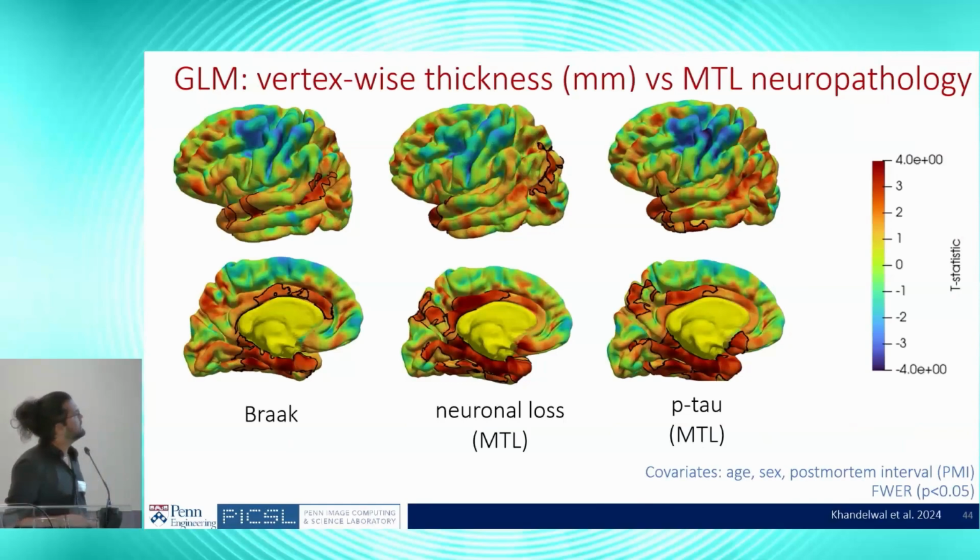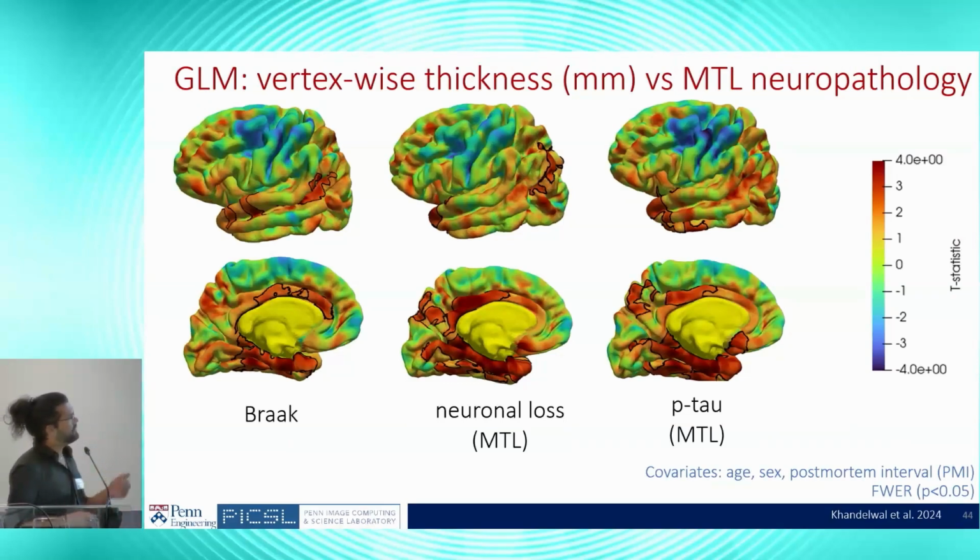Shown here are all the thickness maps mapped into the template space, FS average 40, and now we are doing a generalized linear model, where we fit a GLM between vertex-wise thickness and the corresponding MTL pathology, or the other stages: amyloid, Braak, and CDR scores. What we see here is the T-statistics map.